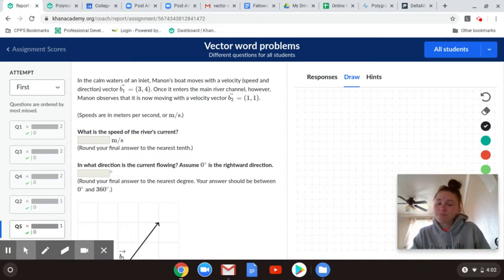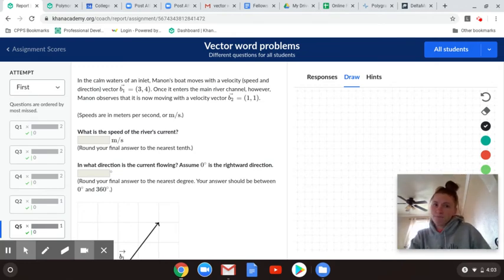Now, it's a little confusing, but I think you've caught on so far that for vectors, they don't use the inequality symbols. They use parentheses. So (3, 4) is not the magnitude. It's not the direction. It is, in fact, like the coordinate points of the vector: (3, 4) and (1, 1).